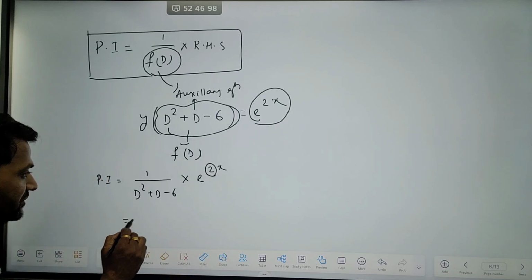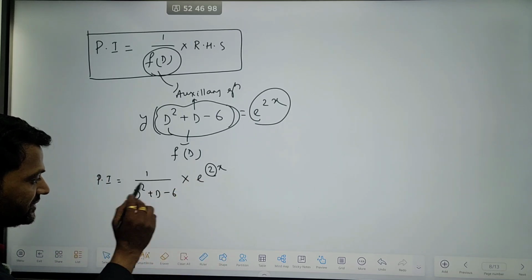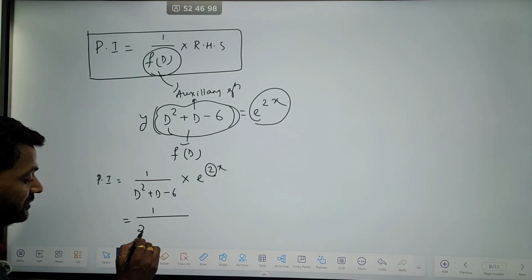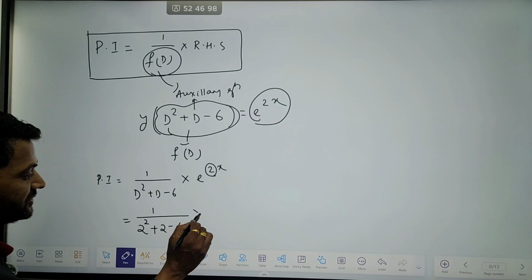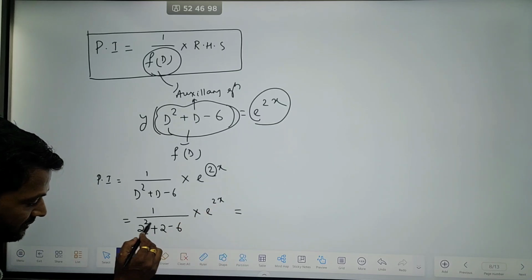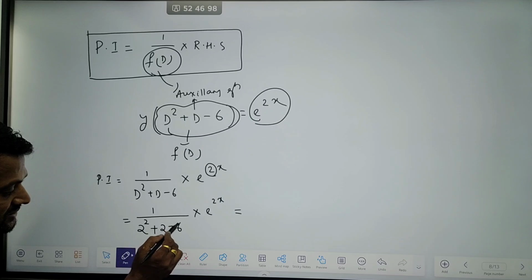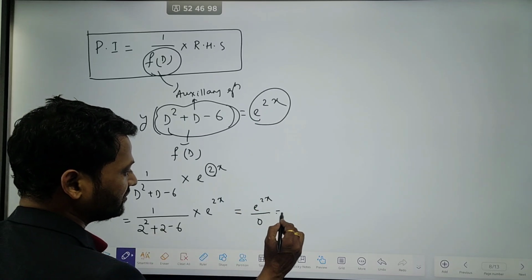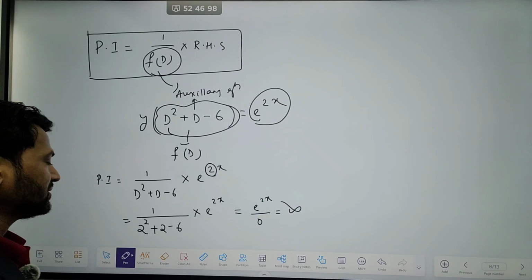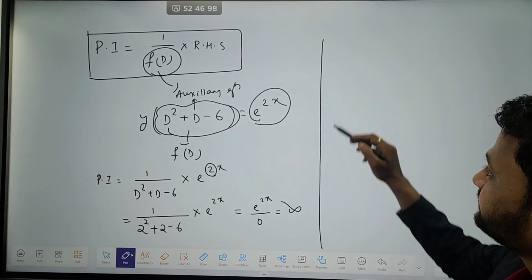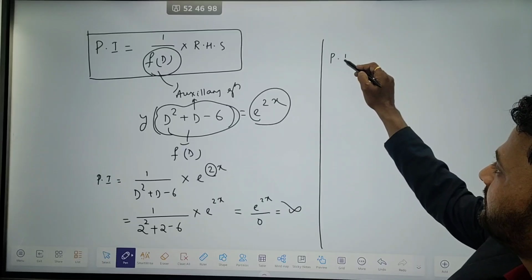So you put the value 2 in D, which will be 1 by 2 square plus 2 minus 6 into e to the power 2x. So 4 plus 2 is 6, and 6 minus 6 will be 0, so e to the power 2x by 0 will be coming infinite.